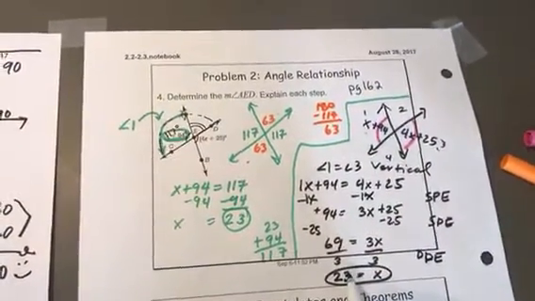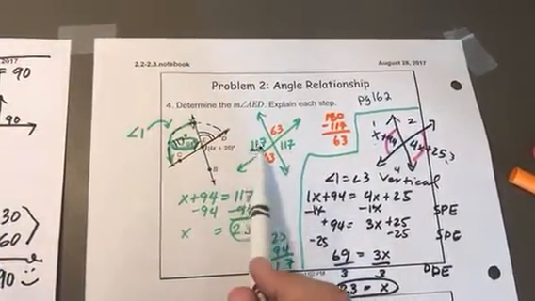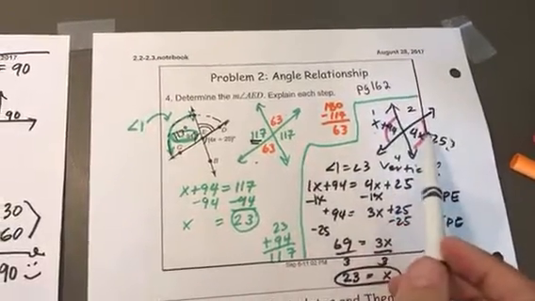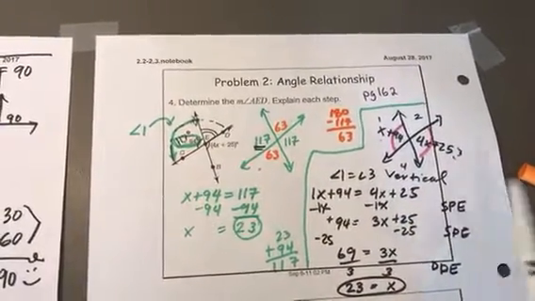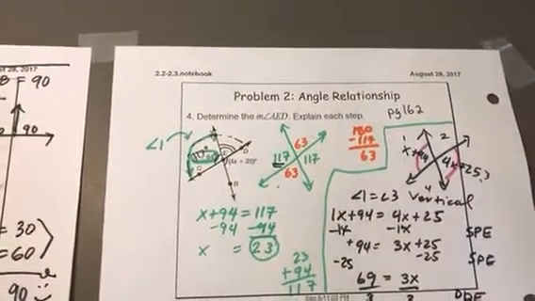So interestingly enough, I actually didn't need to know that the angle was 117, only that they were across from each other. So both ways worked. That's just the way it worked out.